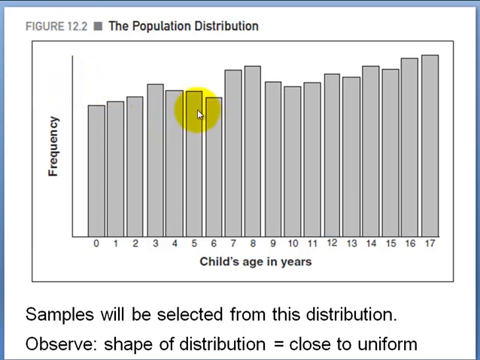So this is not a normal distribution, but that's not going to affect our building of the sampling distribution because, as the next slide will show, sample size is going to be 100, and therefore our sampling distribution is going to have a shape very close to normal, even though the population distribution has a very different shape.